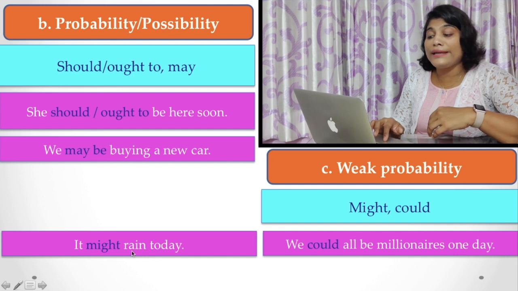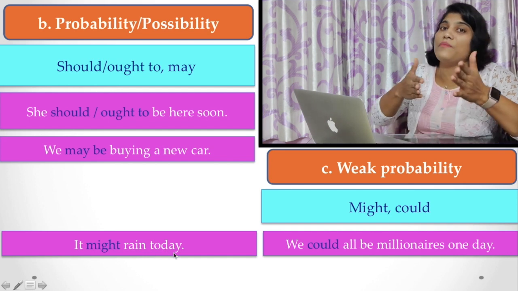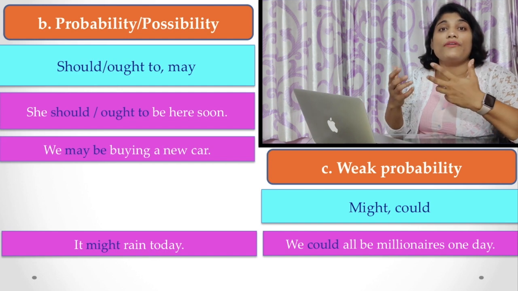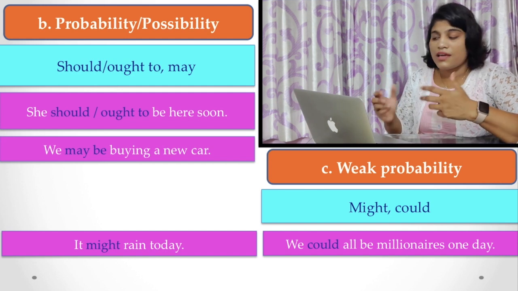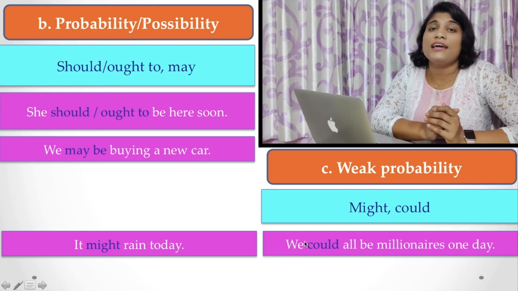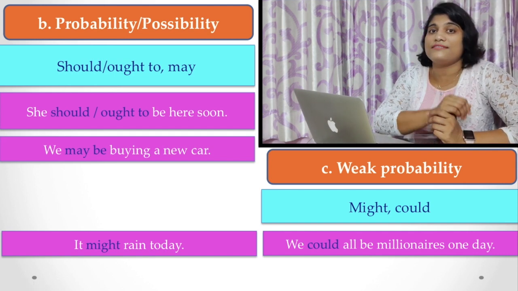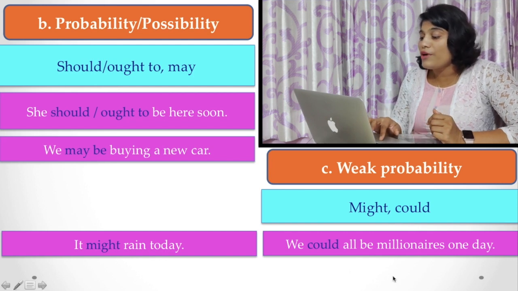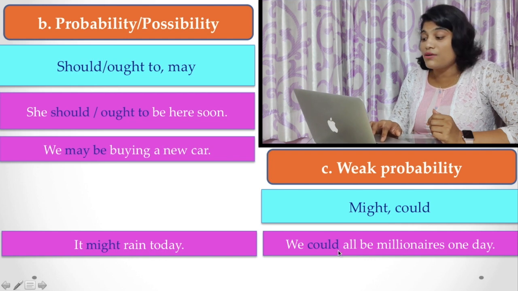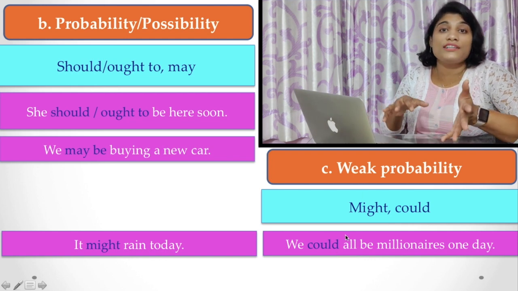Here, it might rain today. That means it may or may not. The possibility of rain is very faint, but if we say it may rain today, that means it is obvious that it is going to rain today. And we could be millionaires one day. It means here could is used for weak possibility; we could be or couldn't be.